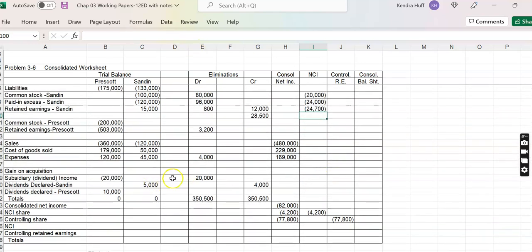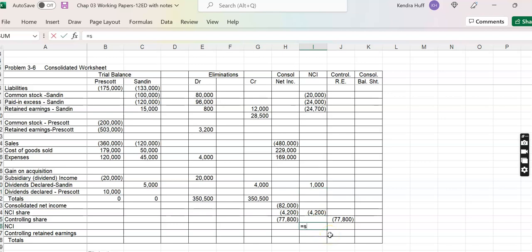All right, and then the dividends need to come over, the remaining dividends. So we have 5,000 minus 4. There. Okay.